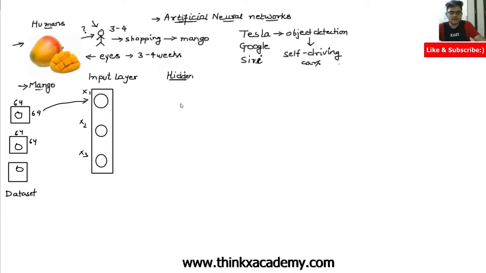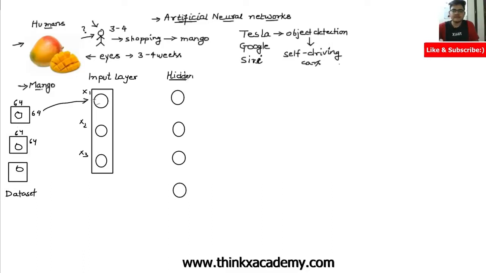In the hidden layer we also have some nodes, and let's say we have four nodes here. What happens in the hidden layer is that we apply some matrix transformations on the input layer, and using that we pass it to the hidden layer nodes.